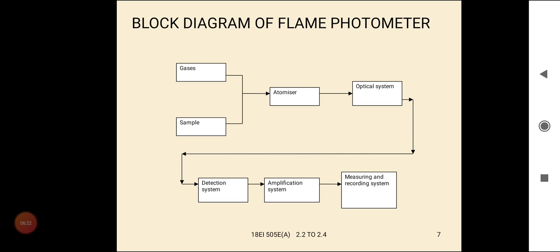That radiation energy is collected by collimating mirrors, then passed on to the entrance slit, then on to the filters. The filters are used to select the required wavelength of energy, then passed on to the prism monochromator.